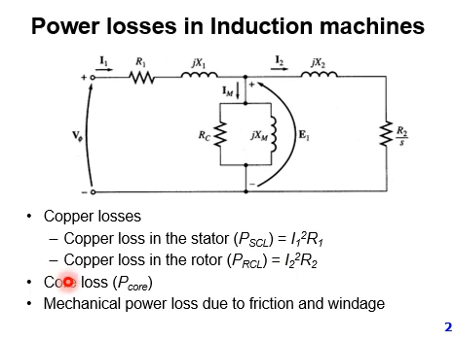Similarly, there is another type of loss called core losses, shown as P core. There are also other losses because of mechanical friction and windage of the machine.